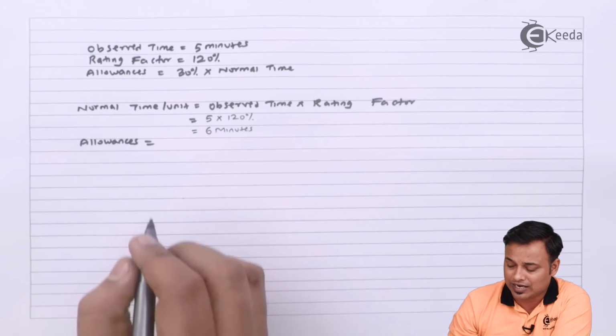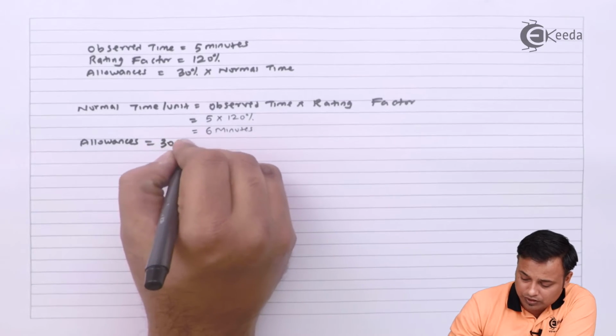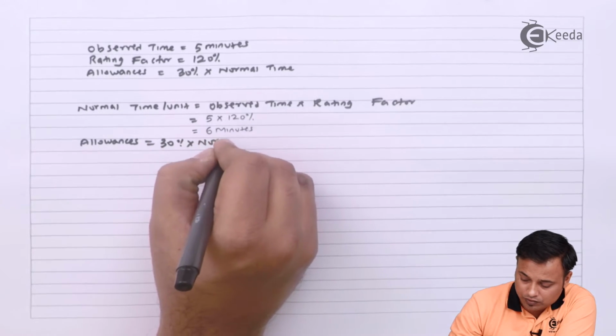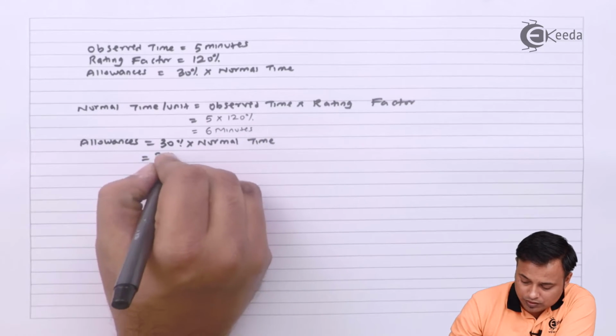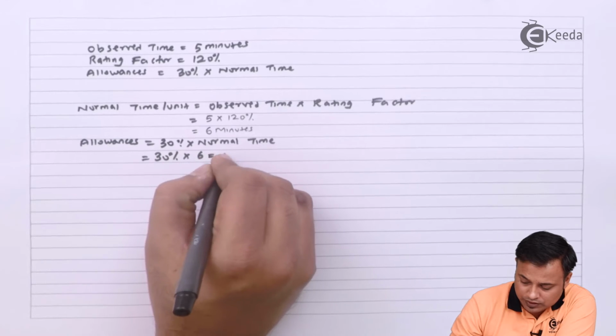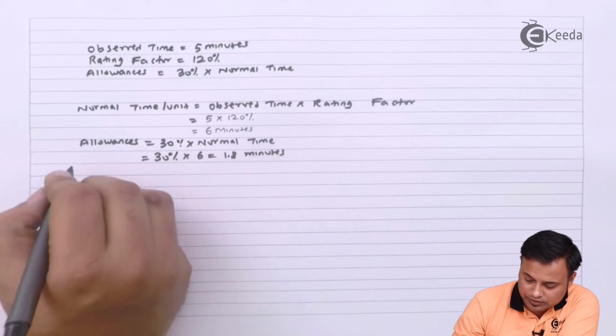I will simply add the allowances, 30% of normal time, which is 30% of 6, that is 1.8 minutes.